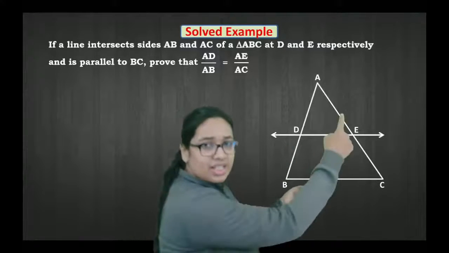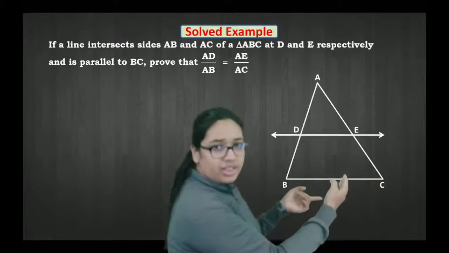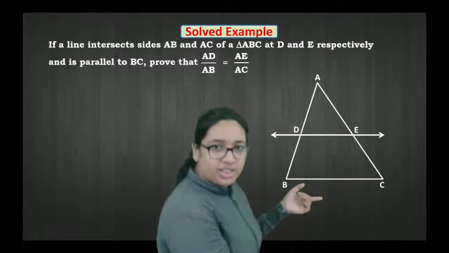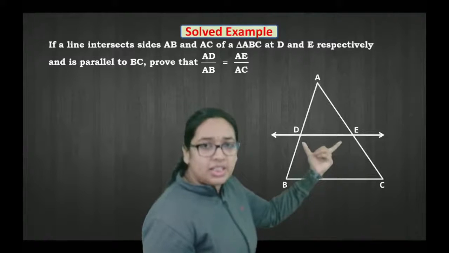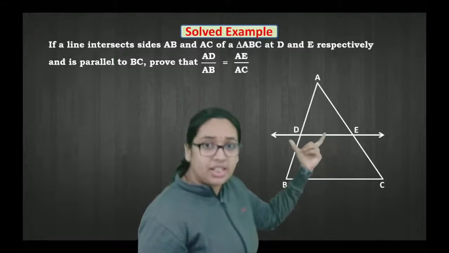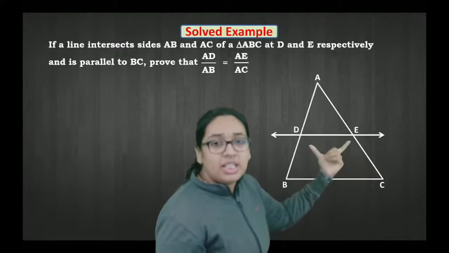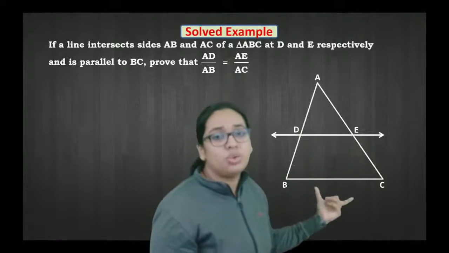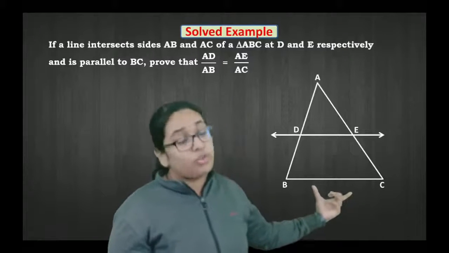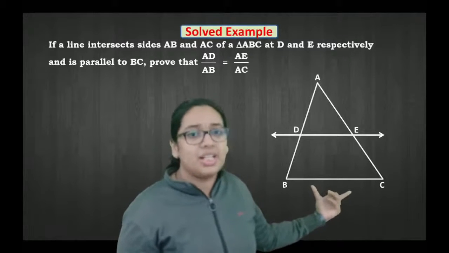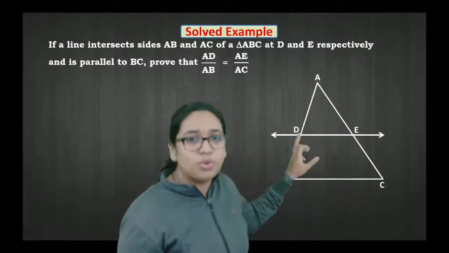It means that I can see there is one triangle and in that triangle DE is intersecting the sides AB and AC such that the line itself is parallel to one of the sides of that triangle, that is BC. Then what we have to prove?